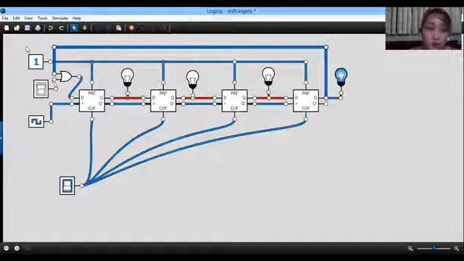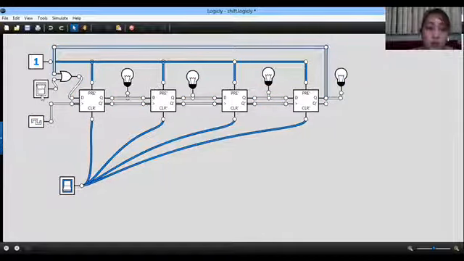Okay? So, once I put 1, see, nagbago siya. So, naging 2 ngayon. Reset natin para mas kita nyo. 1, 2.